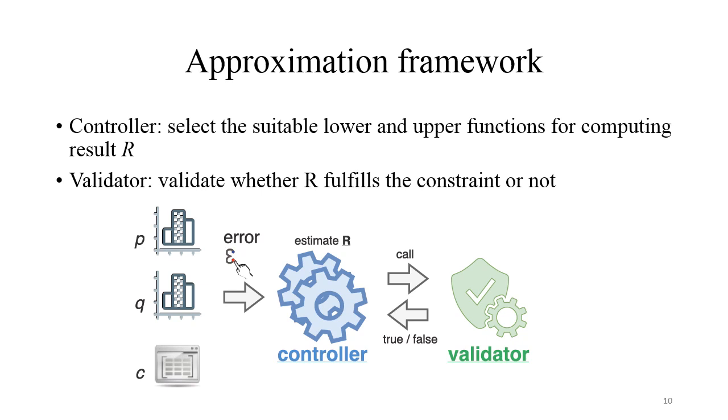The controller selects the suitable lower and upper bound functions, including our parametric bound functions, and the validator checks whether this pair of bounds fulfills the validation condition, for example, U over L smaller than or equal to epsilon. Once it fulfills the condition, the controller can use this pair of bound functions for estimating the approximate result R.